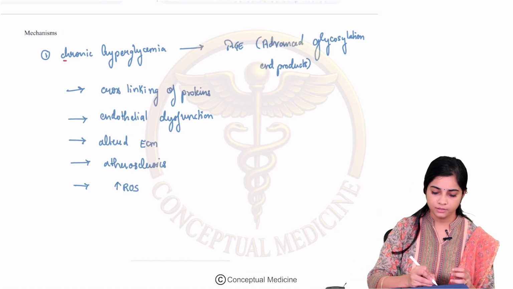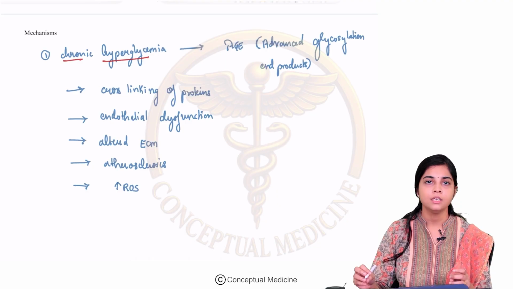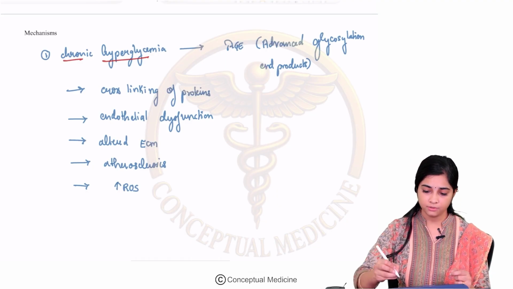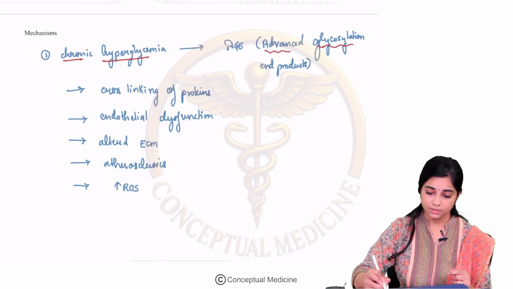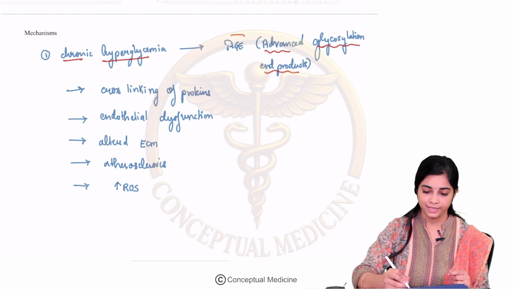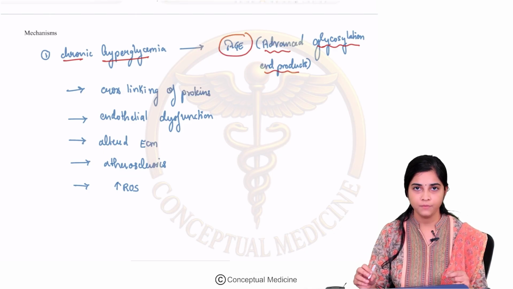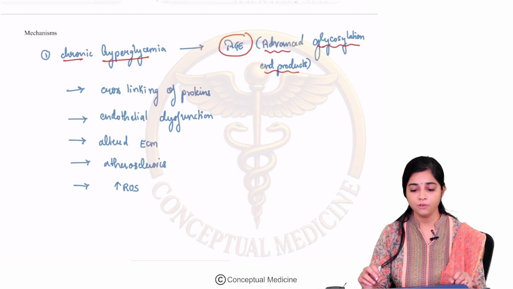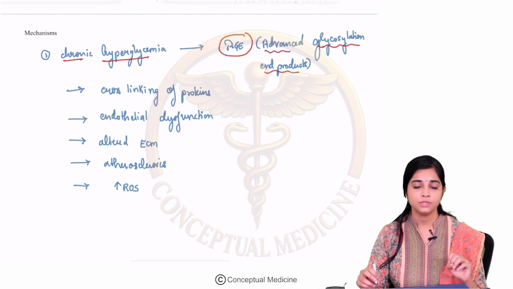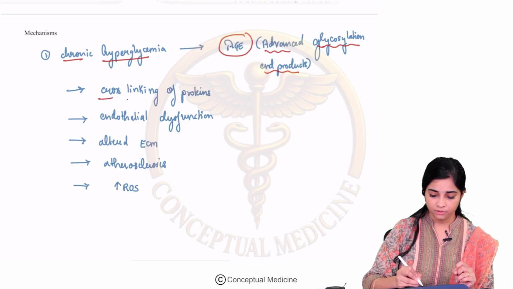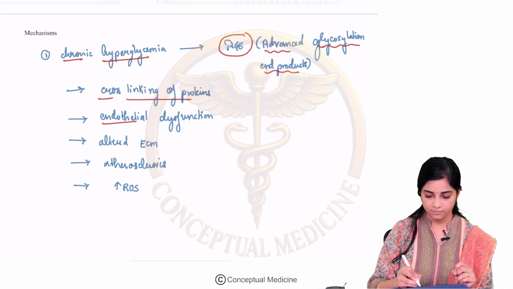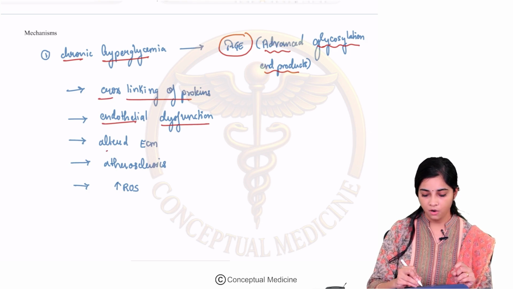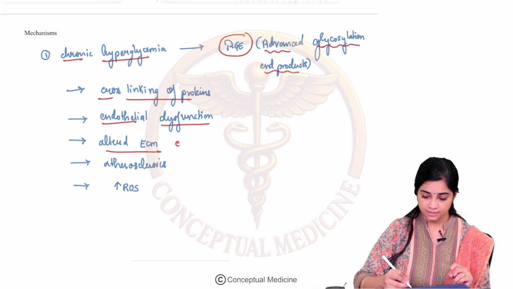Most importantly, chronic hyperglycemia results in the formation of what we call advanced glycosylation end products, or AGE. This AGE is responsible for cross-linking of proteins, endothelial dysfunction, and alteration in your extracellular matrix.